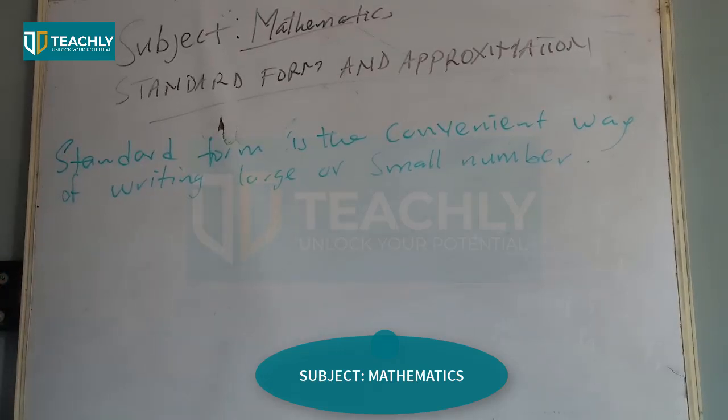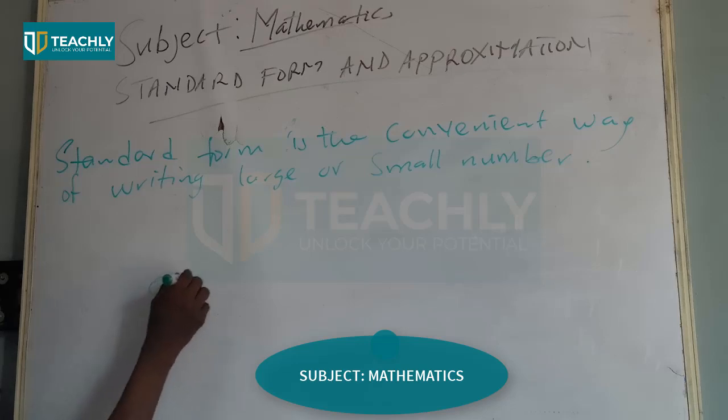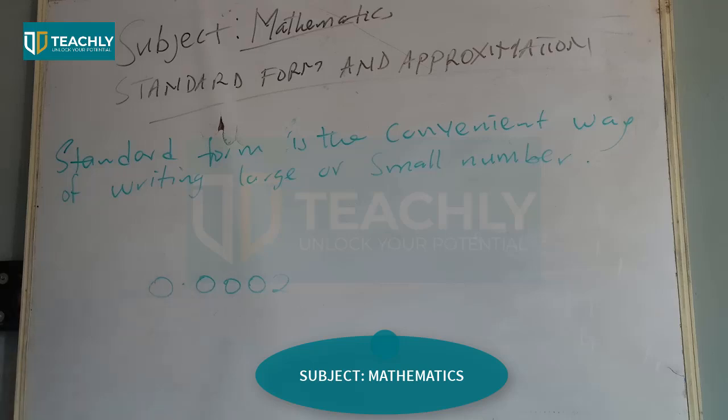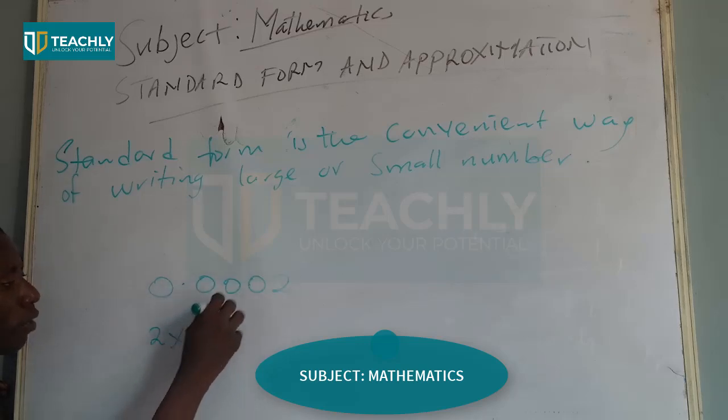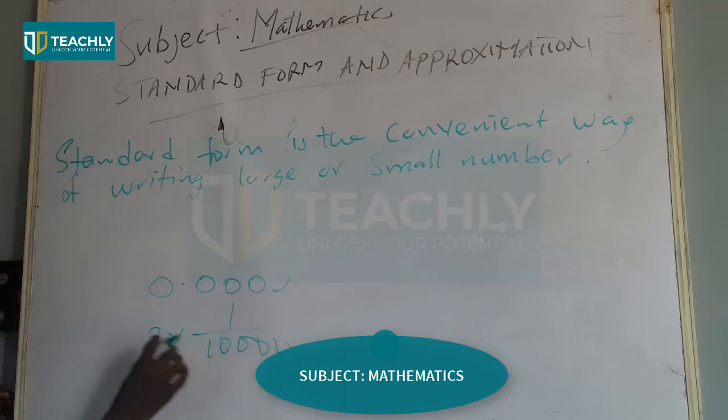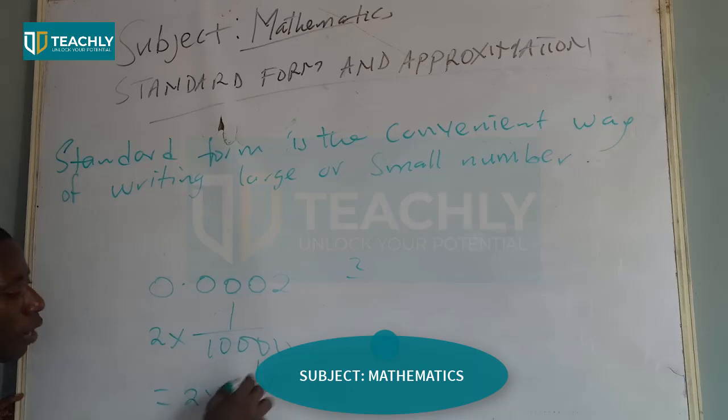If you have a small number, let's say 0.0002, there is a way you can express it in standard form. It is written as 2 times 1 over 10,000. Because 2 over 10,000 gives us 0.0002, and 10,000 is 10 to the power 4, it is written as 2 times 10 to the power minus 4.